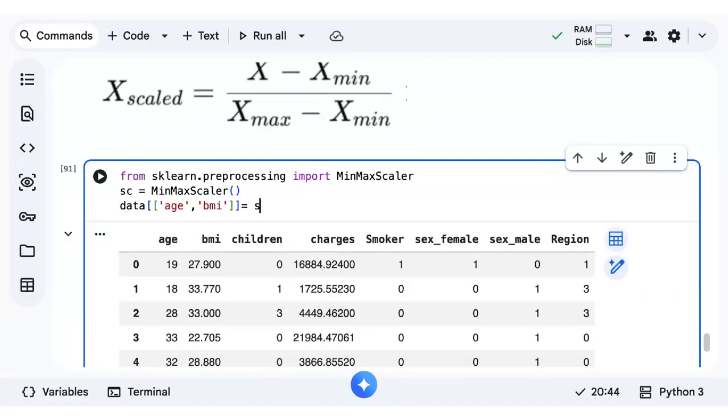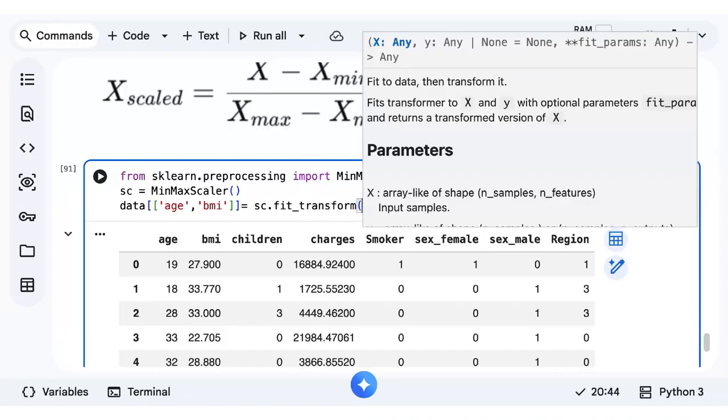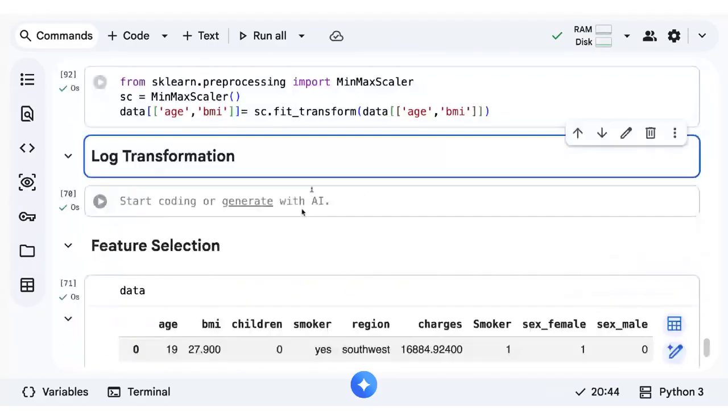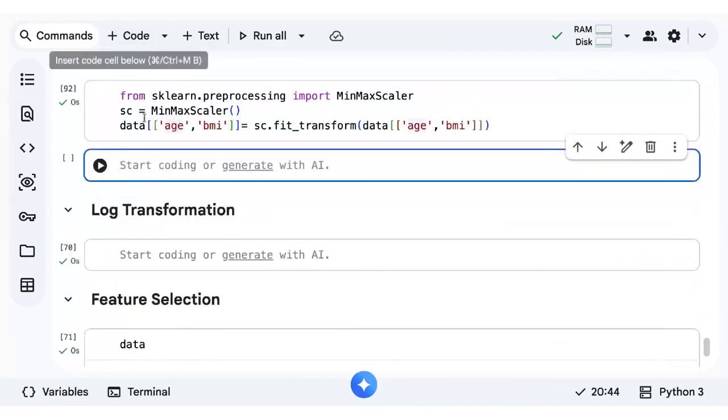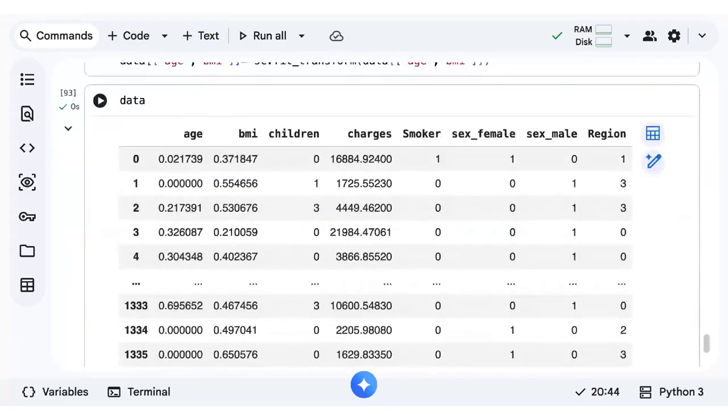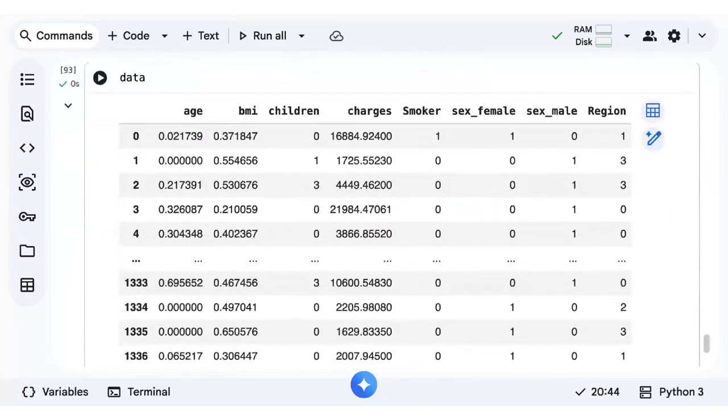I'm calling scaler dot fit_transform. You have to pass the columns. It brings everything to a range of 0 to 1. You can print data and cross-check. Can you see? No positive, no negative values here, only values within 0 to 1.